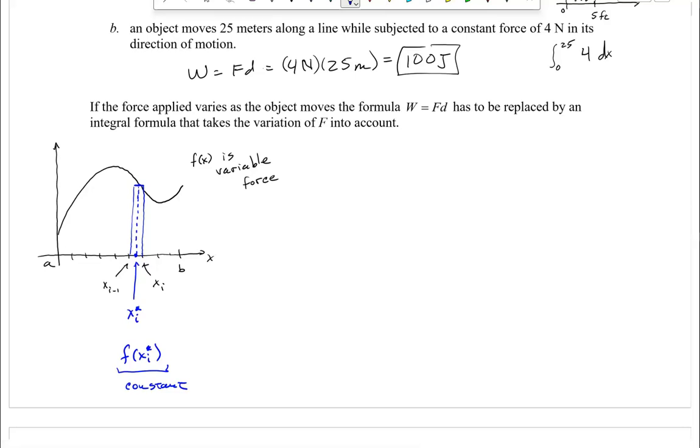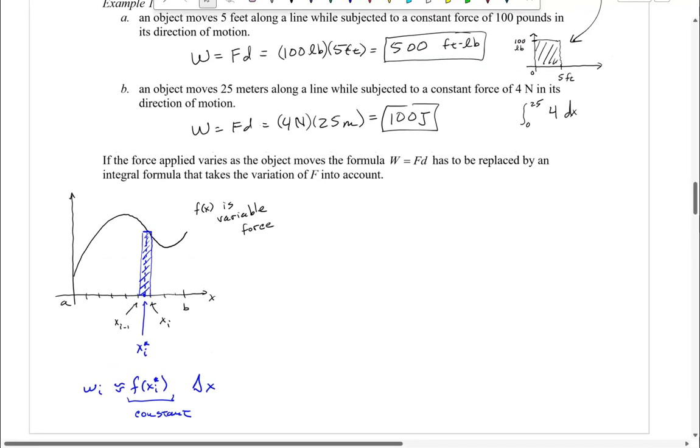Then if I multiply that by the width of my little rectangle, we'll call that delta x, a change in x, a little distance. We're multiplying a constant force times the distance. That's an approximation of the amount of work done just on that little ith subinterval, which is equivalent to the area of this rectangle, which is what we were talking about back here as well.